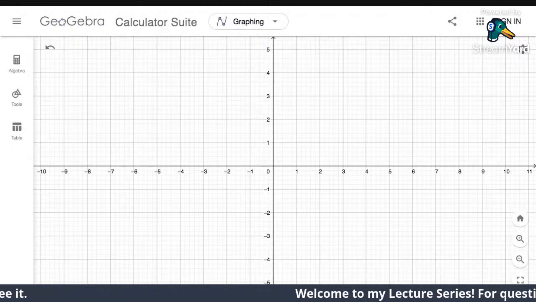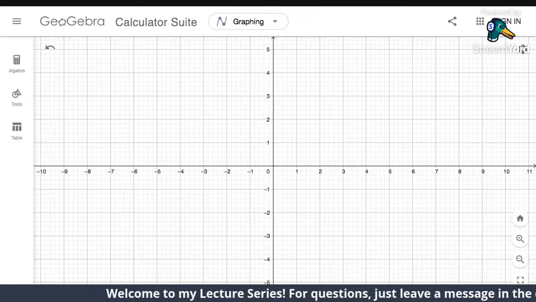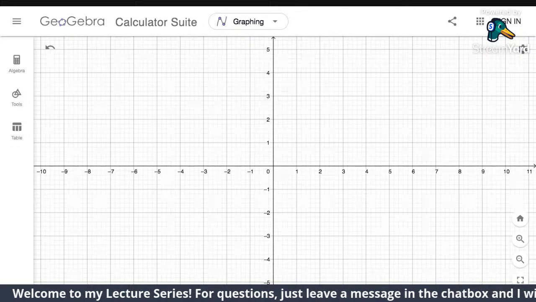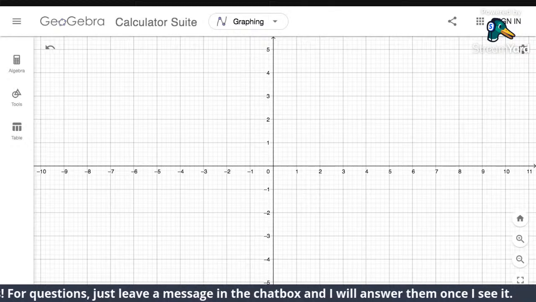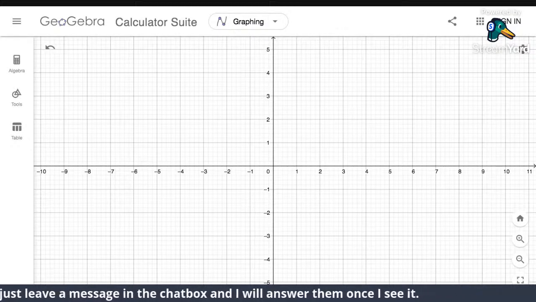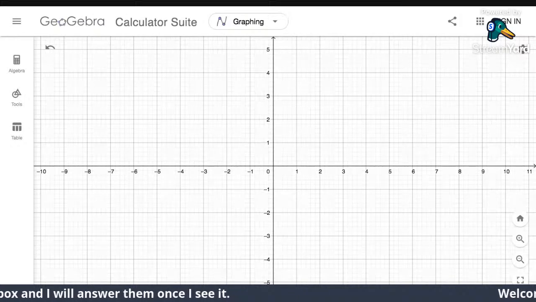You'll be amazed how easy it is to graph a given equation using the GeoGebra graphing calculator.